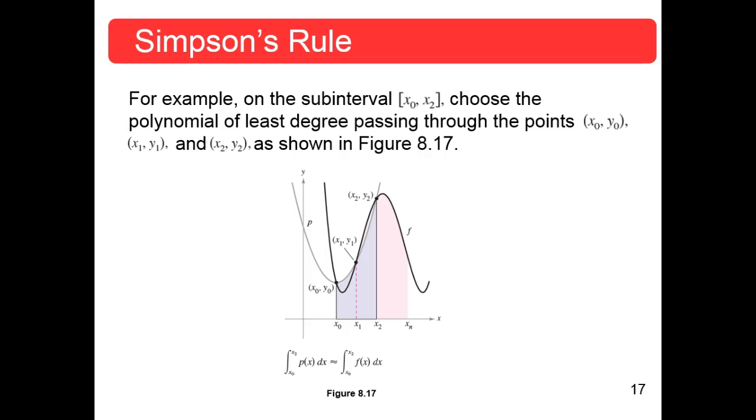Now, here is this, really expanded: x0, x1, x2, there's a point y0, y1, and y2. So you have 3 points, and this is your function that you're trying to integrate.